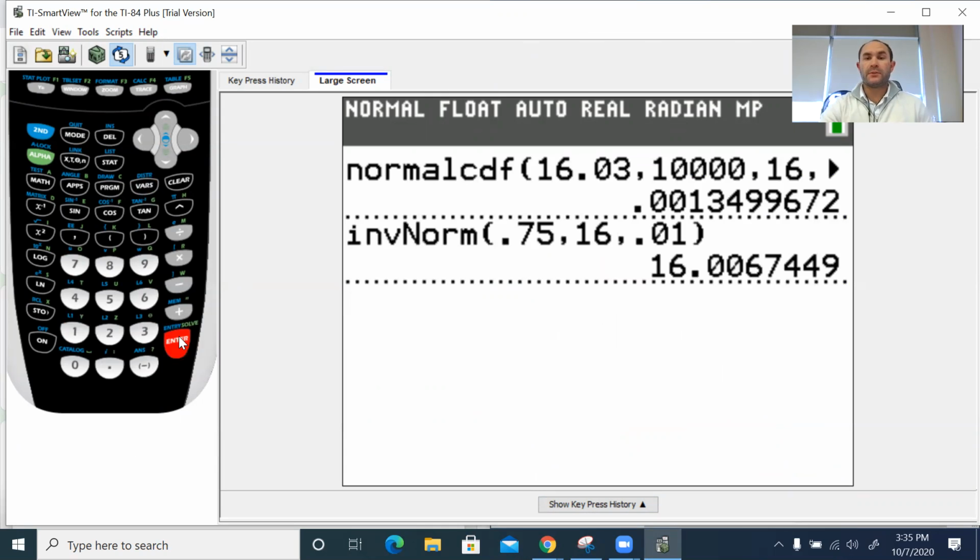And there we go. It's just a little bit over 16 ounces, between 16 and 16.01. So the 75th percentile, or the third quartile, Q3, would be 16.0067 ounces. So we would expect 75% of these bottles to have a volume at or below 16.0067 ounces.